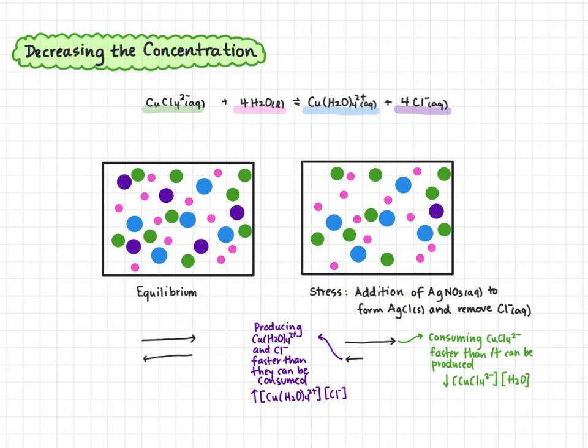This is going to lead to a shift right, or towards our products. So if we remove a product, our equilibrium will shift to create more of that product and replace what we've removed.